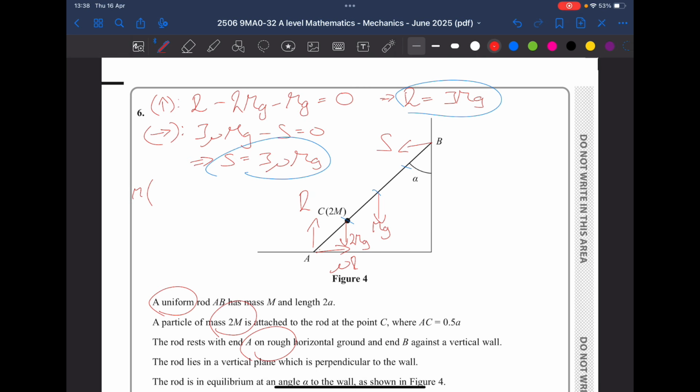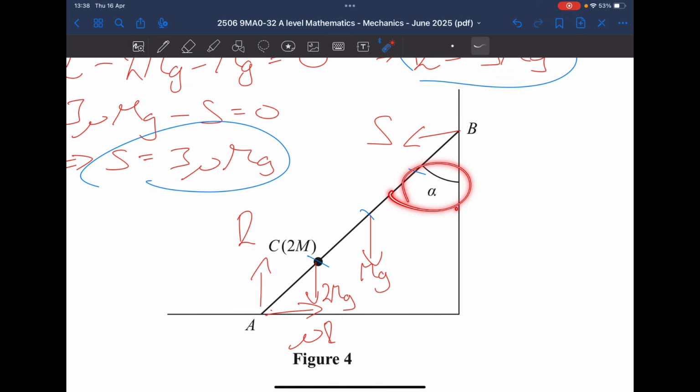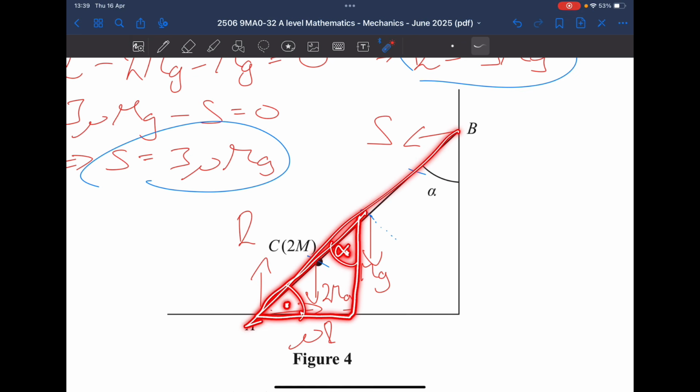So let's take that equation. We'll do moments around A, and I'll do clockwise being positive. We're going to get the 2mg and this mg. We need the components of them that act in this direction. So let's first propagate alpha around. If I draw this line out here, down here, this is not alpha. If I draw this triangle, this one is alpha, because it's a similar triangle to the big one we've drawn here.